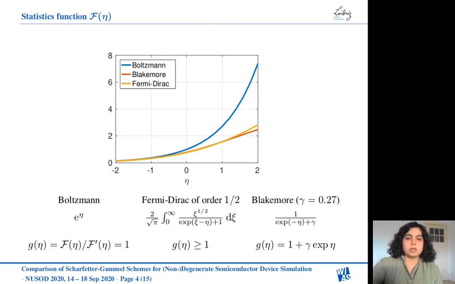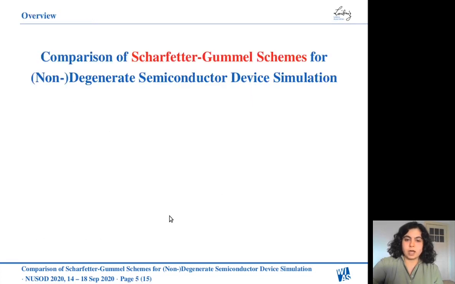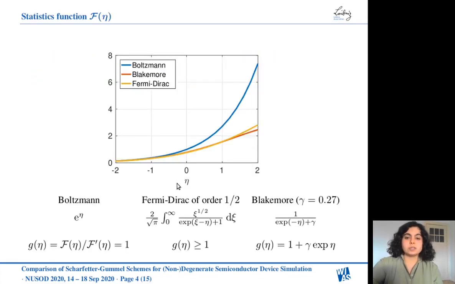For modeling inorganic semiconductor devices, the Fermi-Dirac integral of order 1/2 is used as distribution. Suitable approximations of this integral are the Boltzmann and the Blakemore statistics. The Boltzmann statistics is used for modeling non-degenerate semiconductor devices.